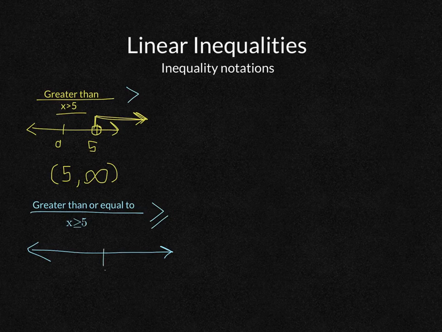So I have my 5. The only difference is, instead of an open circle where you cannot be equal to 5, we have a closed circle, which means you can be equal to 5. And then we're still all the values greater than 5. Now with the interval notation, instead of having a parenthesis because you can't be equal to, we're starting at 5 again, with a bracket, but then we are going all the way to infinity.